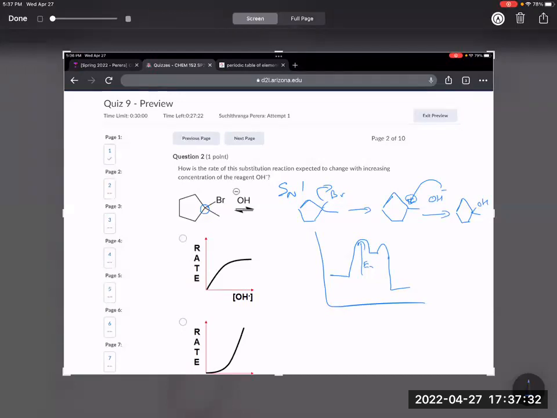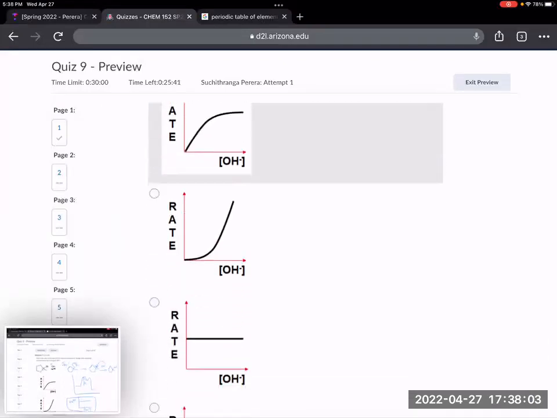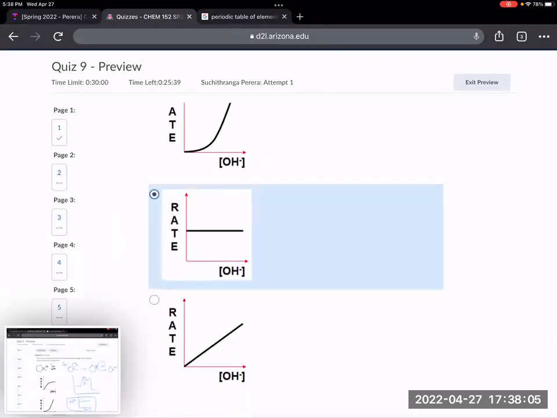Because OH minus is not involved in that step, increasing or decreasing the OH minus concentration will not affect the rate of this reaction. Therefore, you should see rate versus OH minus concentration like this. It should not change. Now we're looking for this diagram in our options, and there you go. It's option C.